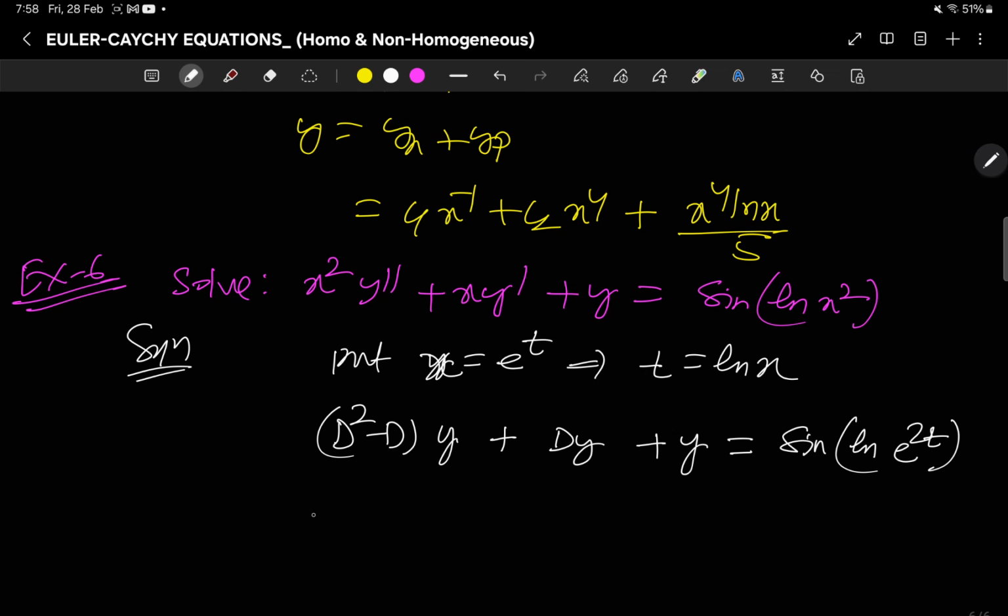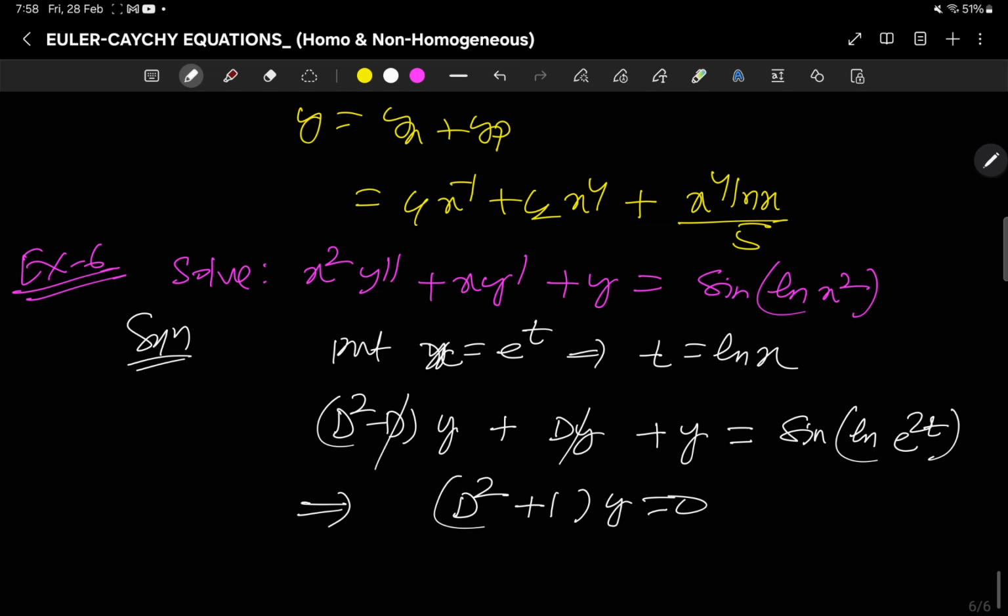So what are we getting? We are getting d square plus 1 into y is equal to... This and this cancelled. So d square plus 1 is equal to the right hand side, sin ln e to the power 2t, meaning sin 2t only. e and ln cancel, so it is sin 2t only.